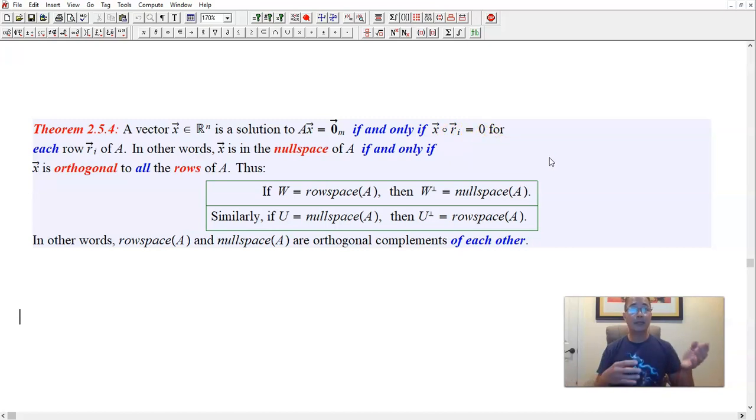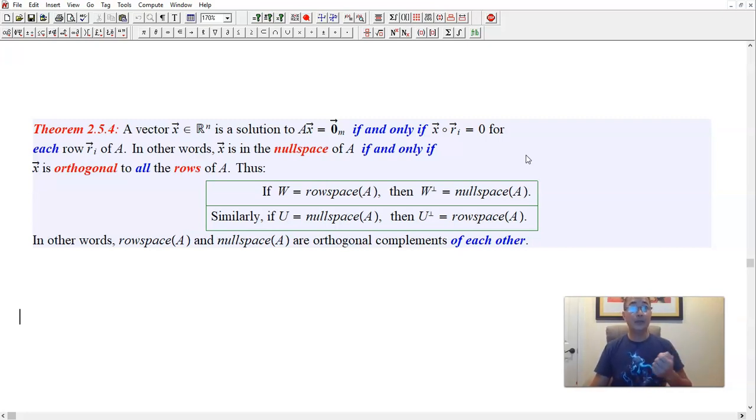When you multiply A by x, you get the dot product of x with each of the rows, but you want the 0 vector on the right. So you want all of those dot products to be 0. Another way to say that is that x is in the null space of A if and only if x is orthogonal to all the rows of A. The dot product of x with each and every row has to be 0.